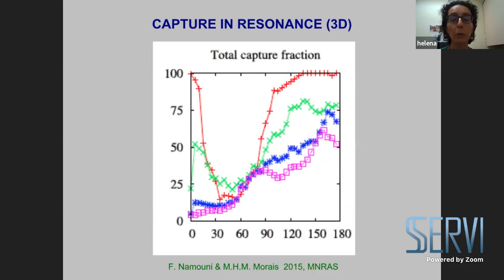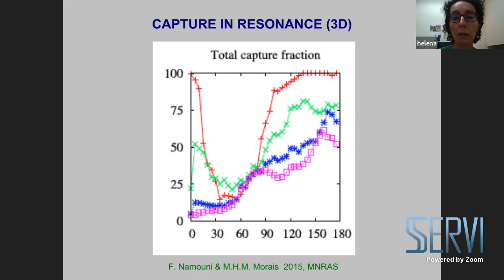Okay, if we compute capture probabilities, in this simulation we have an object drifting inwards towards a planet slowly in an adiabatic setup, and we compute as a function of the inclination of the orbit the capture probability. So we count the number of objects that get captured in resonances. And the conclusion that we have from this work is that retrograde resonances actually capture objects more efficiently than prograde resonances.